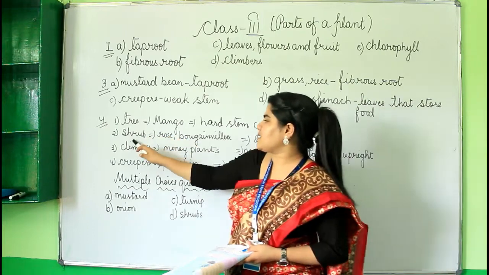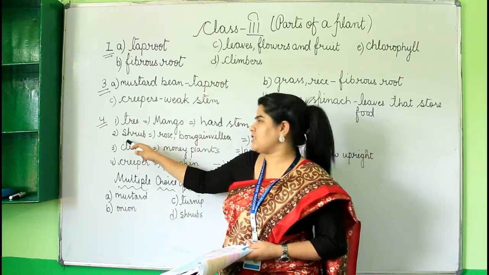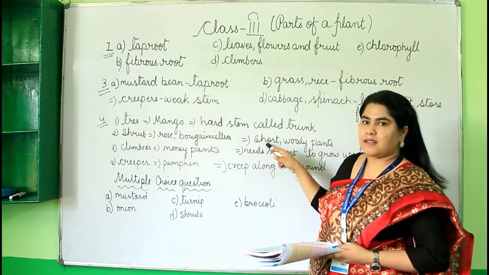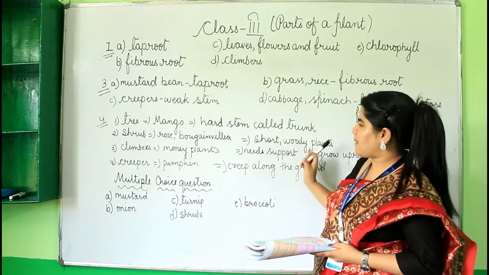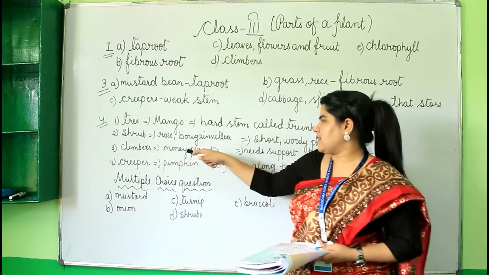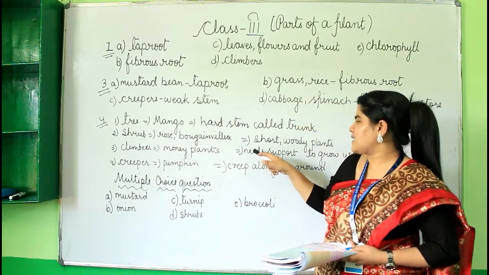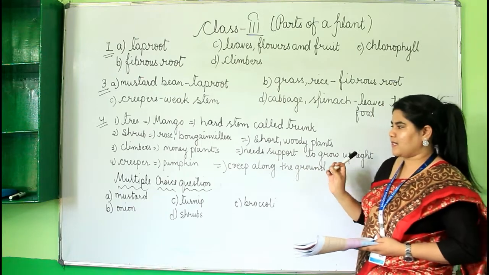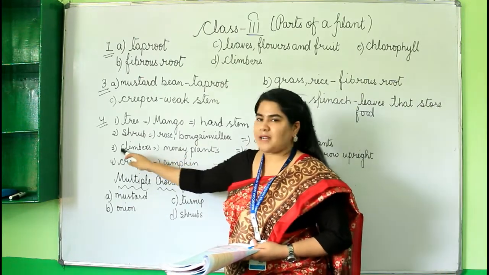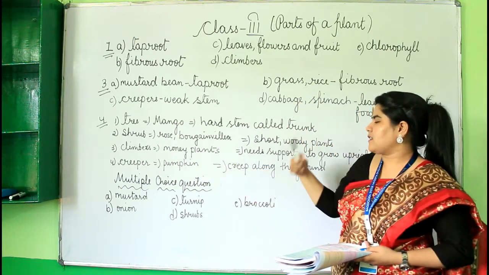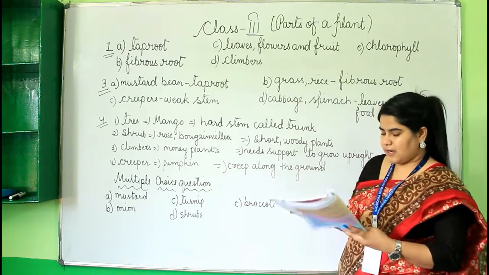Second one is shrub, and example is rose and bougainvillea, and the feature is short woody plants. The third type of plant is climber, and its example is money plant, and the feature is need support to grow upright. And the last one will be creepers, and example is pumpkin, and the feature is creep along the ground.